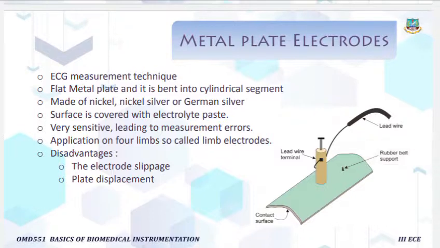The first one is the metal plate electrode. It is a type of surface electrode used for ECG measurement. Generally, German silver, nickel silver, or nickel plated steel are used. The surface is covered with electrolytic paste, that is, these electrodes are applied on the skin with electrode paste.